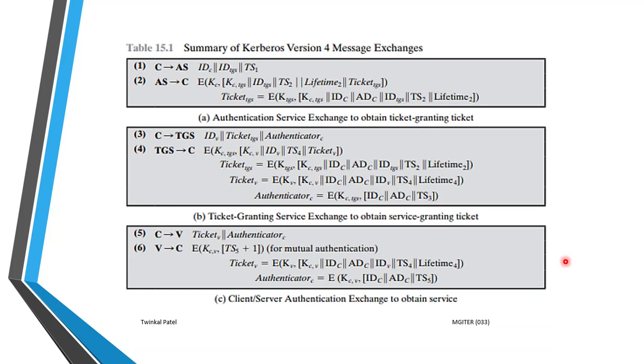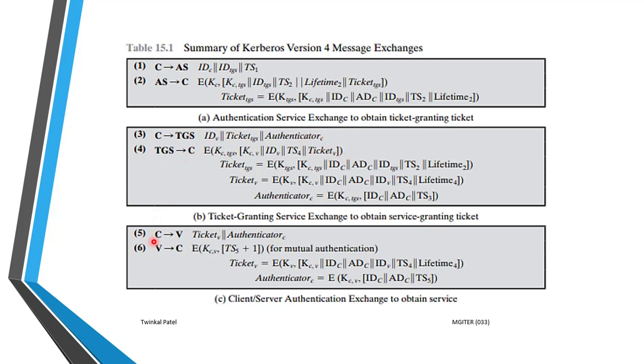Now we will see the summary of Kerberos version 4 message exchange. First of all, the client will send a request to the authentication server using the ID of the TGS, that is the ticket granting server. Now the authentication server will provide the ticket of the TGS to the client. Now the client will send the ticket of the TGS to the TGS with the ID of the requesting server, and then the TGS will send the ticket of the requesting server to the client.